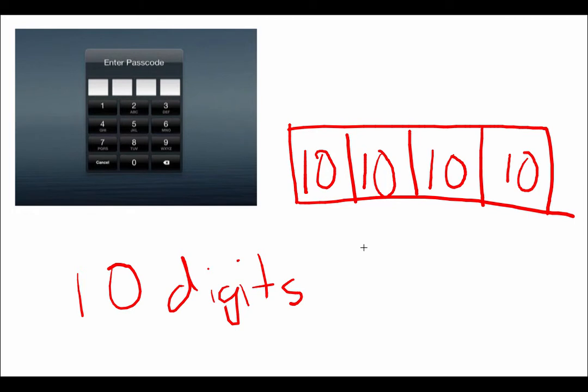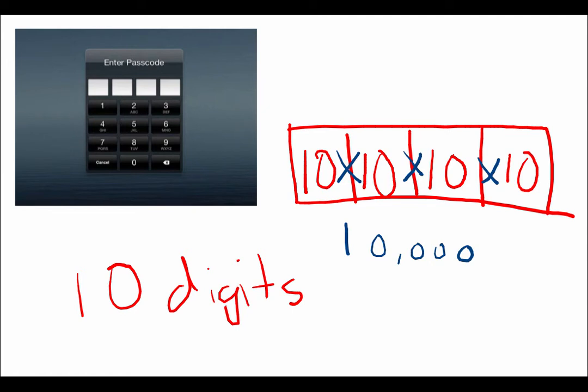Now this is based on the assumption that I can start with a 0 and I can repeat these digits, 0 0 0 0. In some cases you're not allowed to start with a 0, but assuming in this case you are allowed. So if I were to multiply this, I will get 10,000 possible passcodes.